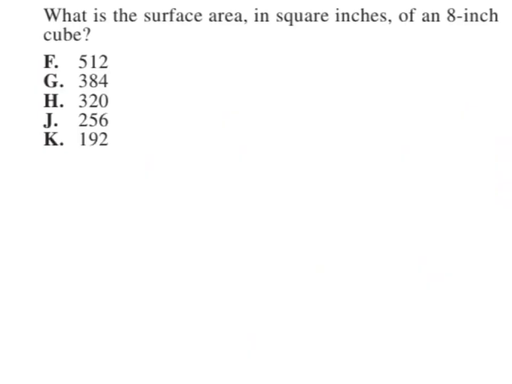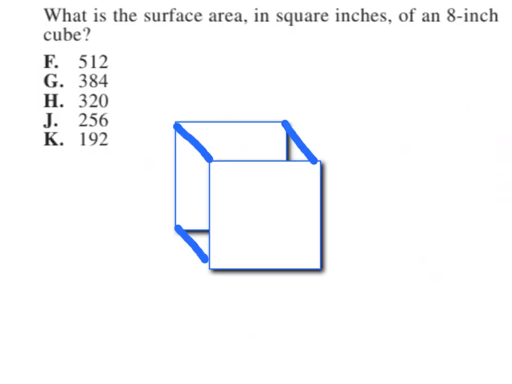What is the surface area in square inches of an 8-inch cube? Okay, we need the surface area of a cube. How many sides are on a cube? We have 6 sides on a cube. Are they all the same? Yes, because it's a cube. How do I find the surface area if this side is s and they're all the same?